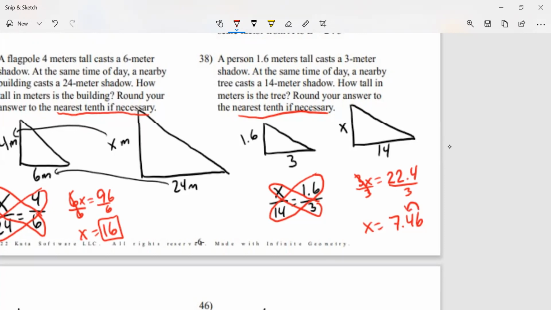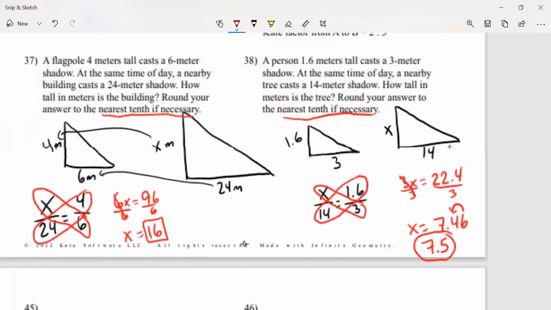If the second decimal number was too small, which is 4 or less, I would just keep it at 7.4. In this case, my answer will be 7.5. I rounded to 1 decimal place. All right, so in meters, this is how we do it.